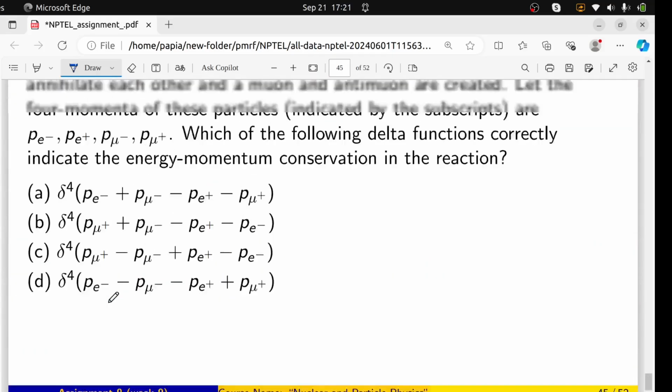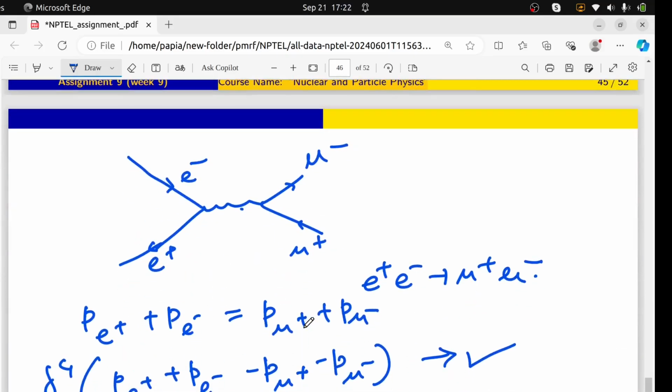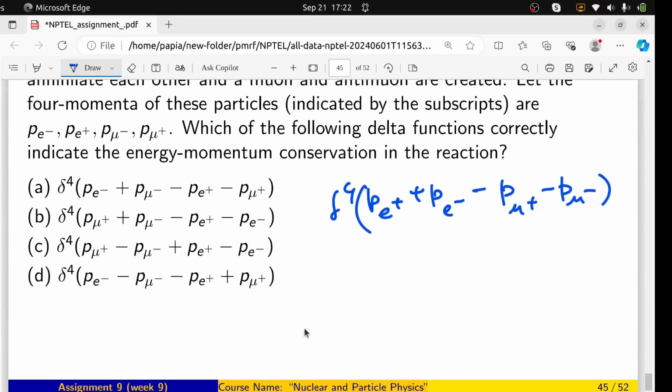Okay. So now you can see the options. The first one is P e minus, P e plus. I said the delta function of P e plus plus P e minus minus P mu plus minus P mu minus is the correct one, and that should give the energy momentum conservation law for the delta function, right?